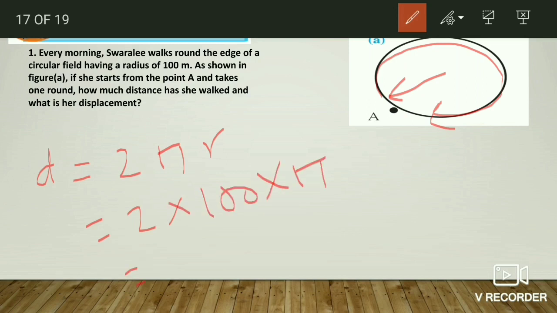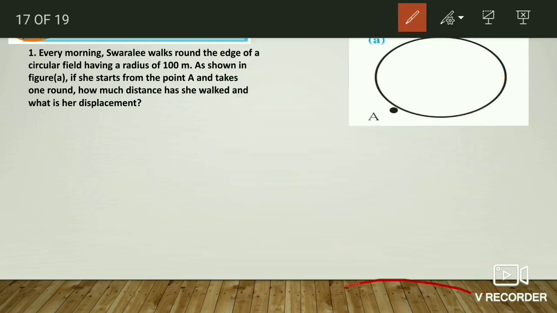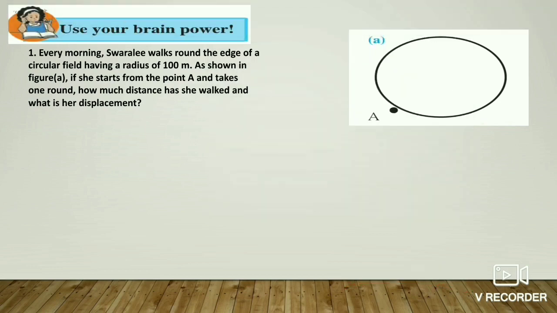So we get distance is equal to 200 pi or 628 meter, because 200 into pi, means 3.14, we get 628 meter. And here displacement. We know that displacement means final position minus initial position. So that one is nothing but 0. So we get final answer. She walked 628 meter distance and her displacement is 0 meter.